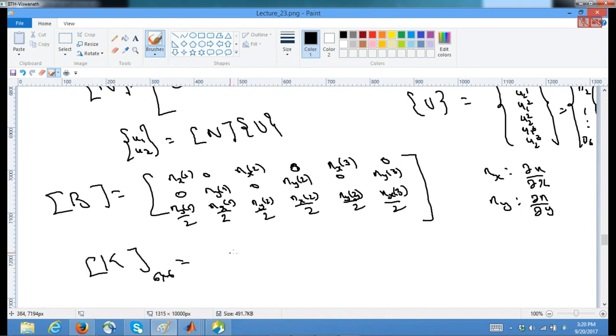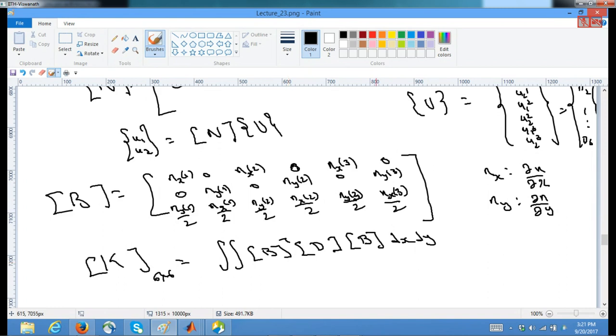In this case it would be integral B transpose D B dx dy, where these are obtained in the above fashion, and this integral is also done using analytical integration as we mentioned here.